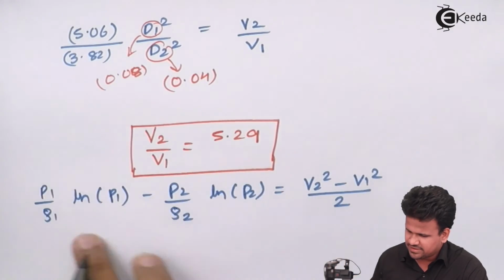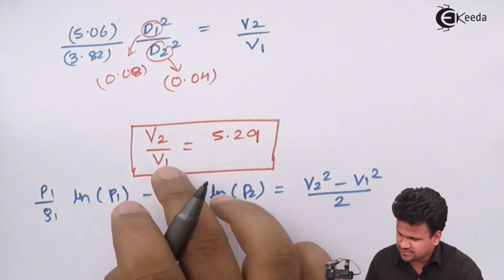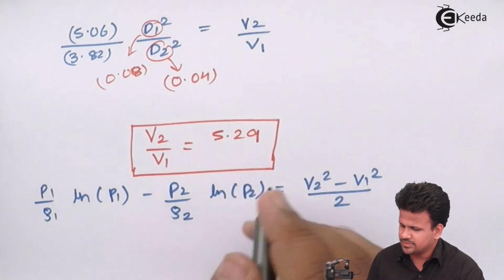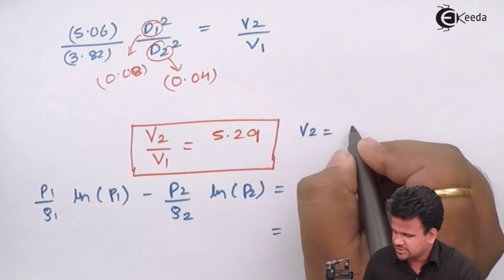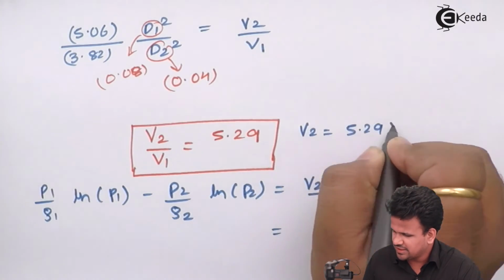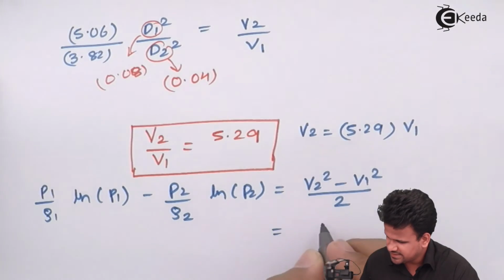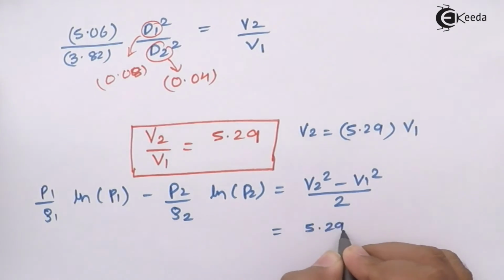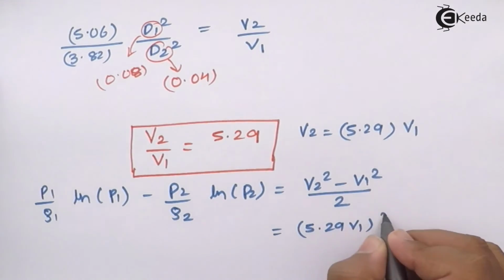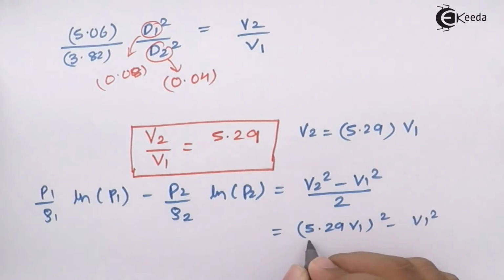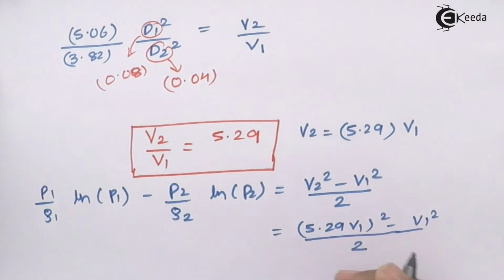The left hand side will remain as it is. We'll substitute the value of v2 in terms of v1. So v2 is equal to 5.29 times v1, and we'll get (5.29 v1) the whole square minus v1 square upon 2 is equal to this entire constant.